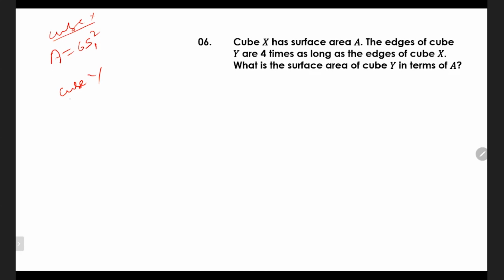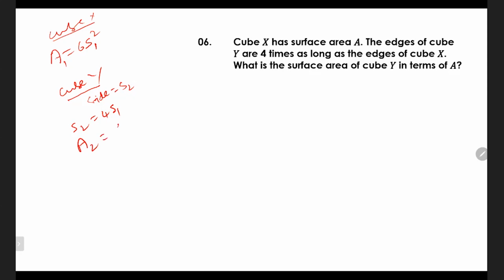The edges of cube Y are 4 times as long as the edges of cube X. Means if I call this S1 and this S2, S2 is 4 times S1, he gave. So here surface area is A1 and here it is A2.